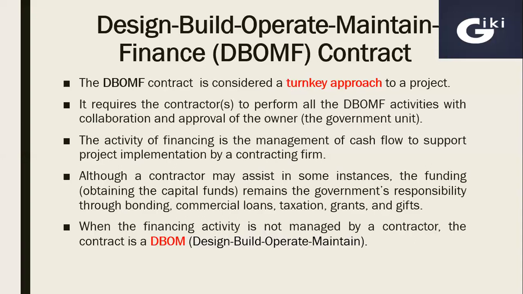On the other hand, we have design, build, operate, and maintain projects. In such projects, the financing activity is not managed by the contractor, and the rest of the responsibilities lie with the contractor.